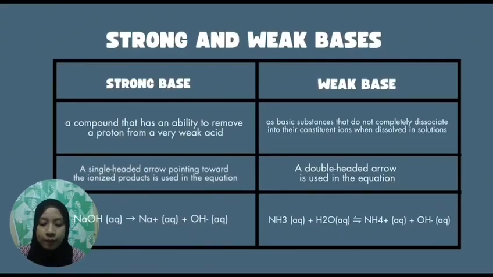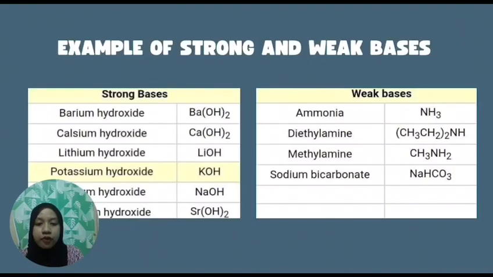Weak base, as basic substances that do not completely dissociate into their constituent ion when dissolved in solution. A double-headed arrow is used in the equation. This is example for strong and weak base.